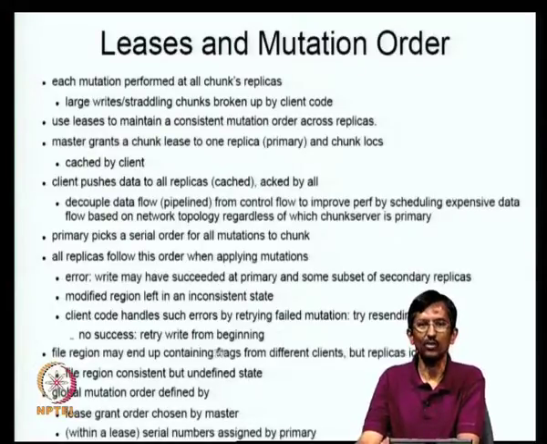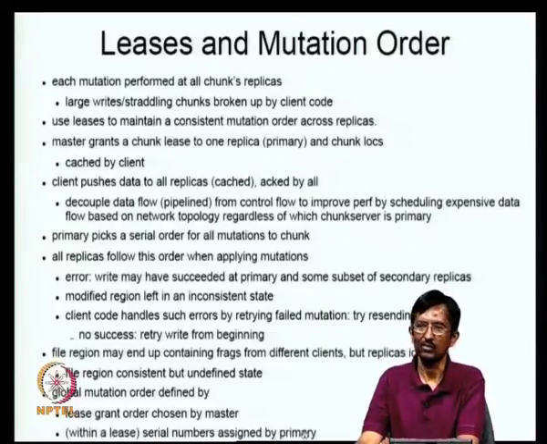So, basically the global mutation order is determined by the lease grant order chosen by the master. It tells you who actually gets the lease, and that decides the order. Within a lease, serial numbers are assigned by the primary, because the primary decides in which order each of those mutations has to take place.